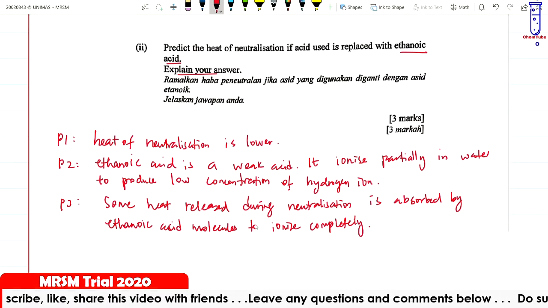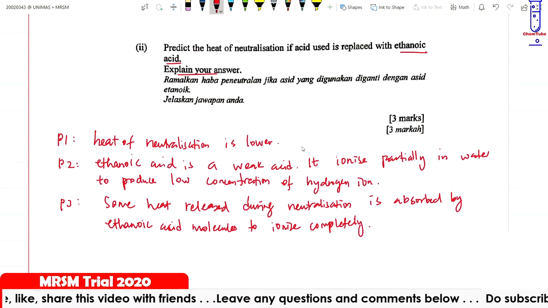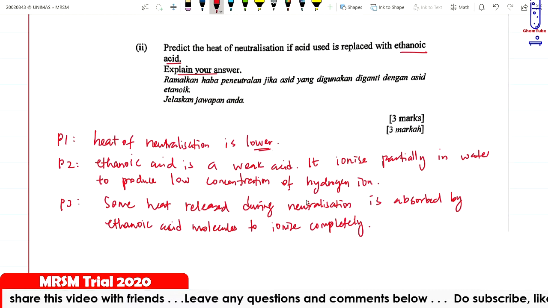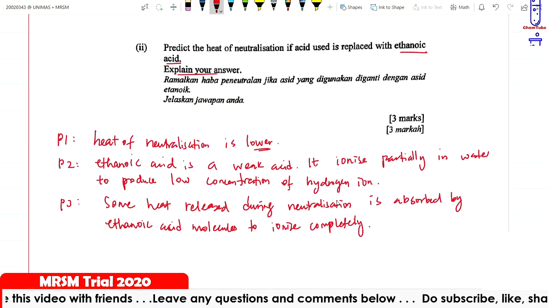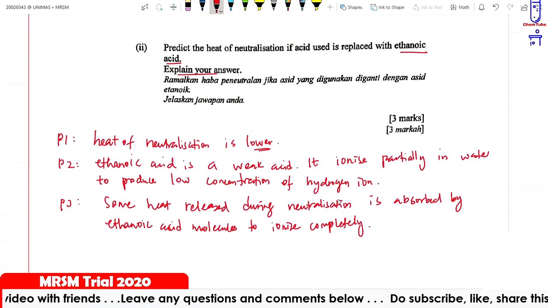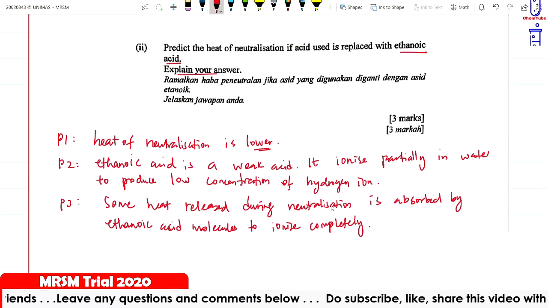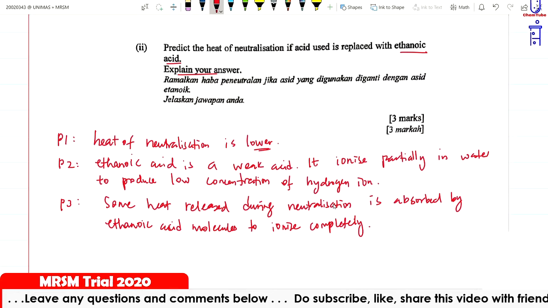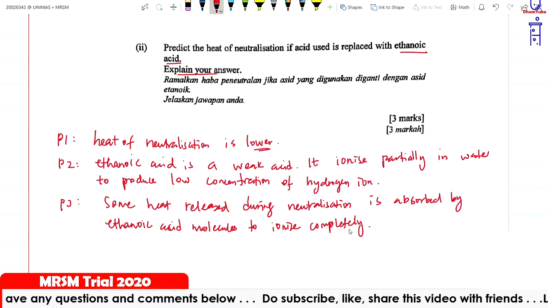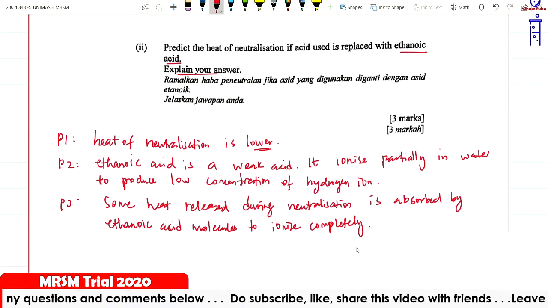So that's why the heat of neutralization will be lower. The same case happens to ammonia. A weak alkali is also the same. As long as it is a weak acid or weak alkali, it will have a lower heat of neutralization.